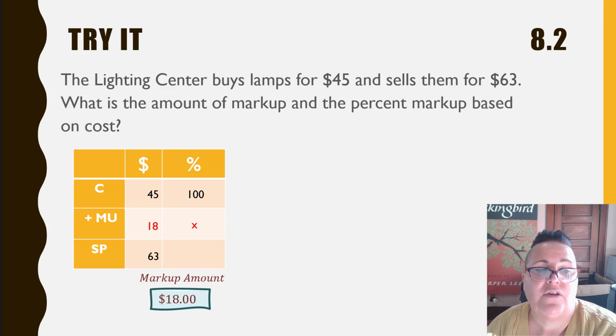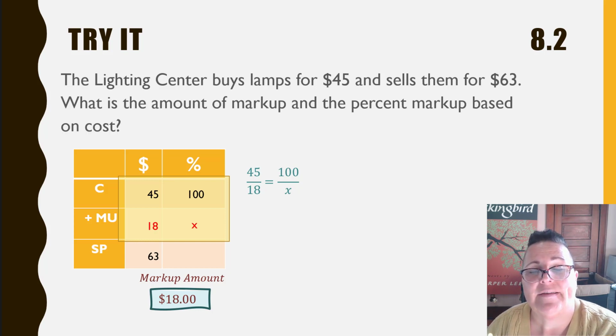Do you see that you've got the first 2 rows here, the 45, the 100, the 18, and the X? With these 4 places filled, I can set up a proportion, and I'm going to take it right from the way those blocks are written: 45 over 18 has to be the same as 100 over X.